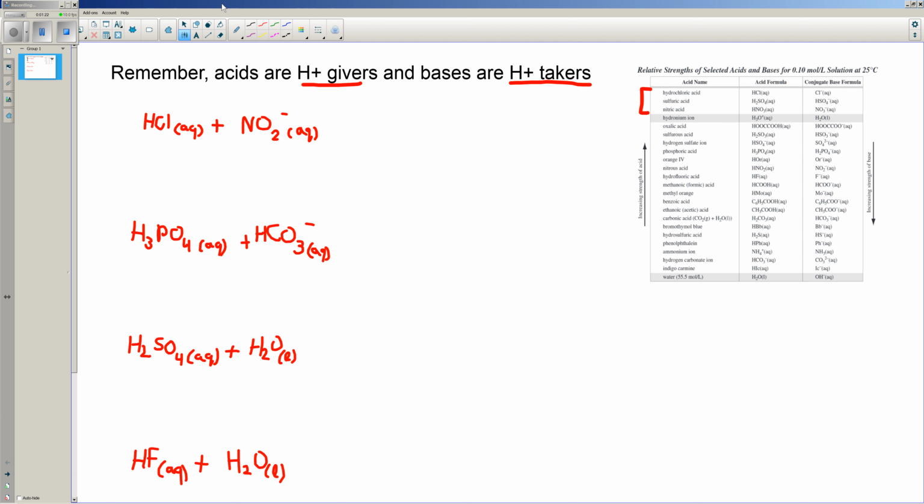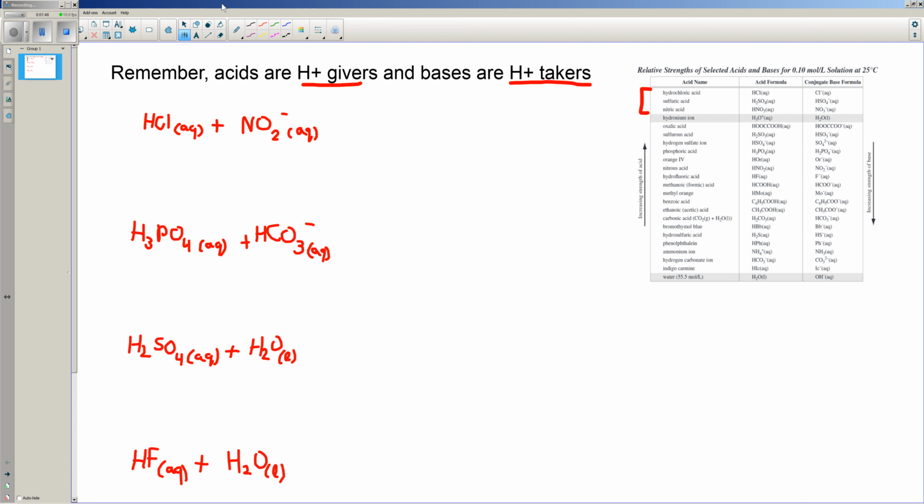But that's still a little bit more complicated, and actually there's a simpler way of explaining how acids and bases work. And that's what we call Bronsted-Lowry. I'm just going to say BL. Bronsted-Lowry acids and bases, super simple. A BL acid is an H plus giver awayer.